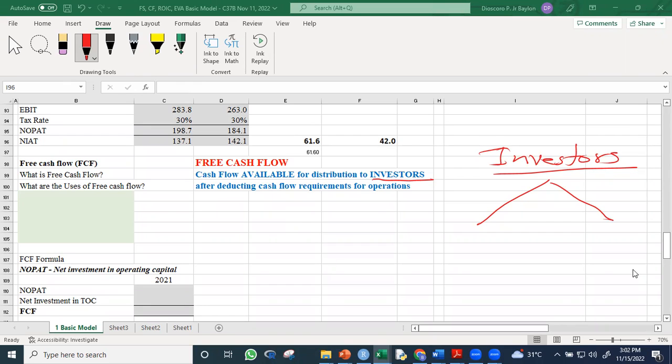So what are the two most important types of investors? You're correct, these are people who put in money. So who are they? Class, who are they? Institutional investors and retail investors. Thank you.